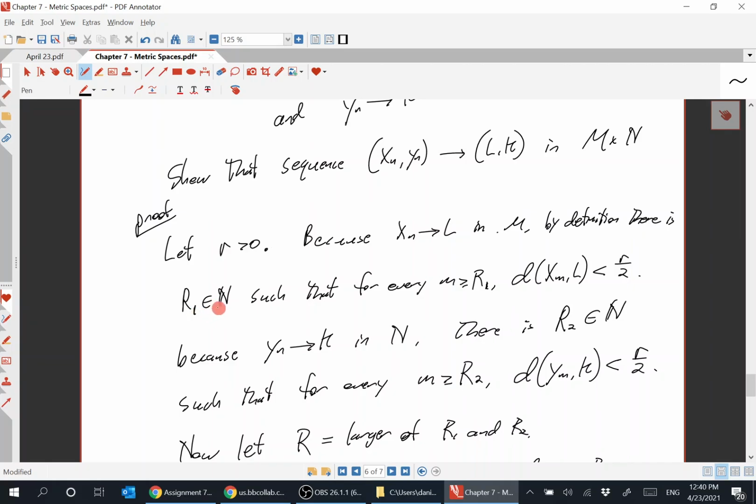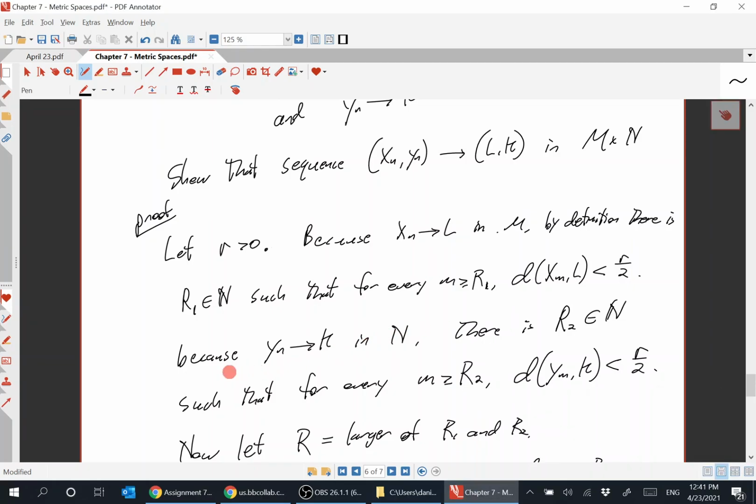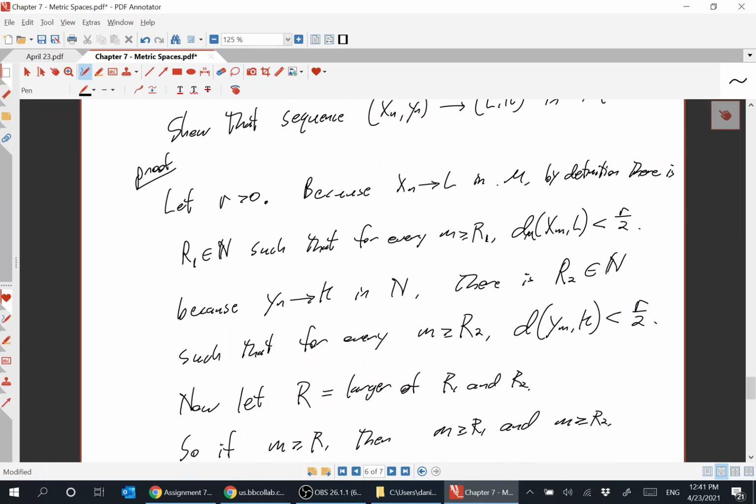Right, so there is a natural number R1 such that for every m bigger than R1, the distance of xm to L is less than r over 2. Similarly, because yn converges to k in N, there is a natural number R2, such that for every m exceeding R2, the distance in N from ym to the actual limit k is less than r over 2 again.